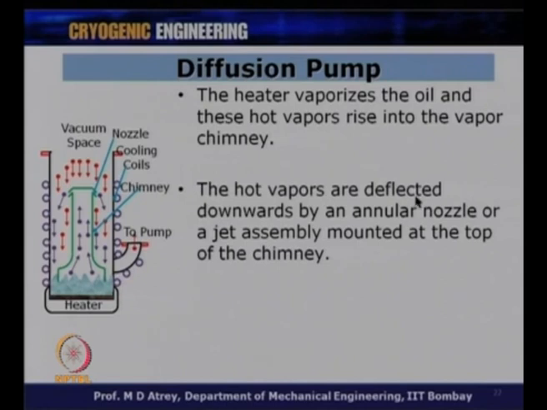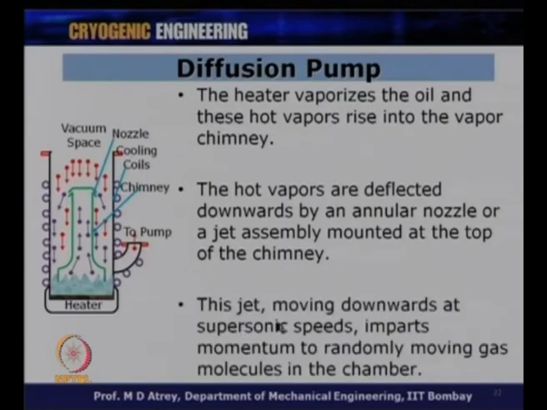The hot vapors are deflected downwards by an annular nozzle or a jet assembly mounted at the top of the chimney. You can see the nozzle at this point, and the hot vapor will come out at a very high velocity when it travels through these nozzles, and that is the work these nozzles or a jet assembly would do. This jet moving downwards at supersonic speed imparts momentum.